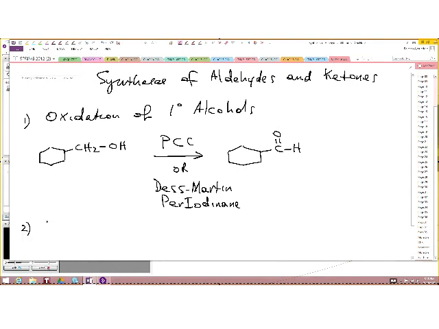Now we could also do oxidation of a secondary alcohol to obtain a ketone.